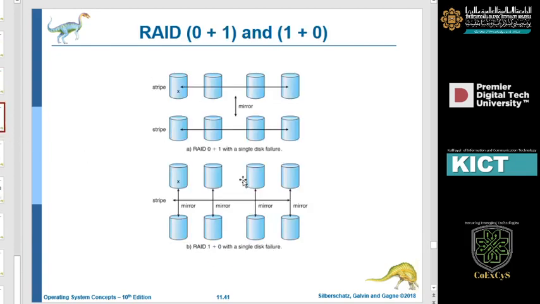Okay, so what's the difference between RAID 0+1 and 10? RAID 0+1, right, basically first it stripes and then it mirrors. When we say stripe, basically we keep data across multiple hard disks, right?